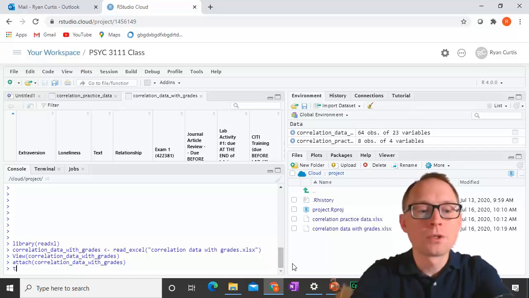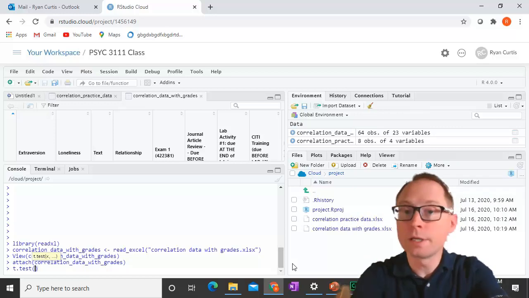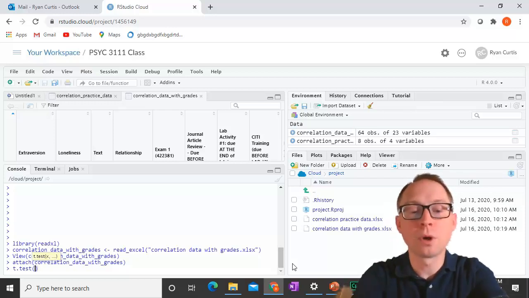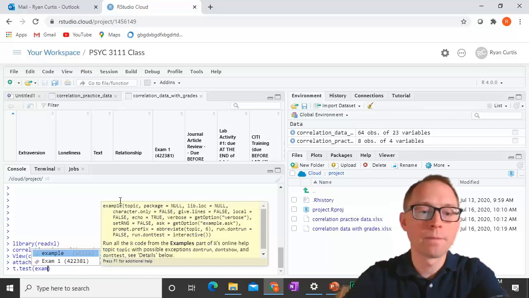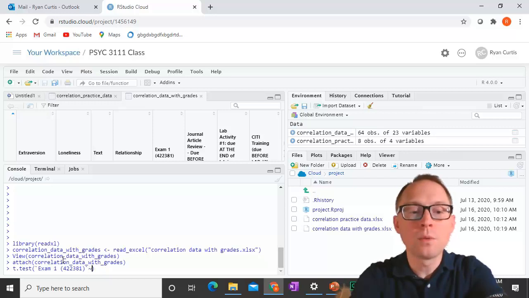Okay, so t.test. Now, a t-test assumes that one variable is going to be the outcome variable. And in a t-test, that outcome variable has to be the continuous variable. Remember, we wanted to see whether or not your relationship status predicts your exam score. So we put the dependent variable, the outcome variable, first, and that's exam 1. Then we want it separated by the 2 categories.